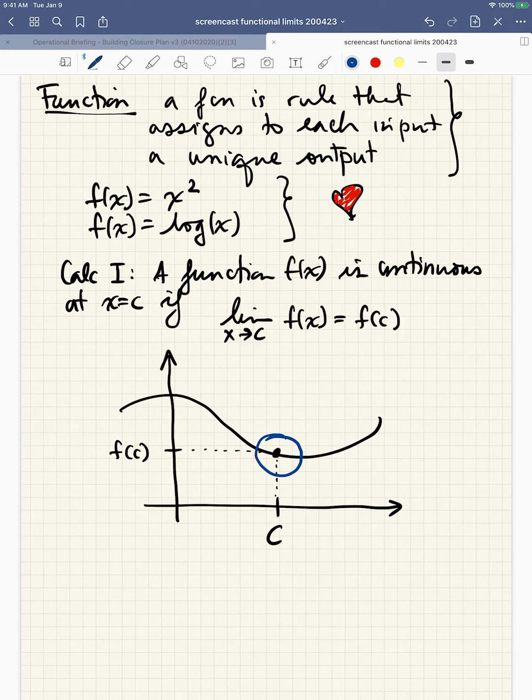So this definition here for what it means to be continuous took a long time to become articulated. And currently, in our class, we're going to work toward understanding what this means right now. To this point, the only kind of limits that we have worked with are sequential limits.